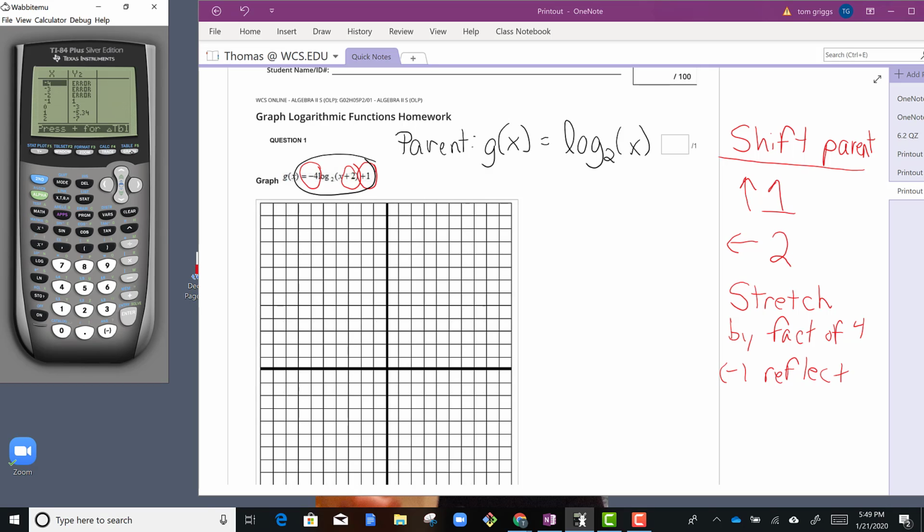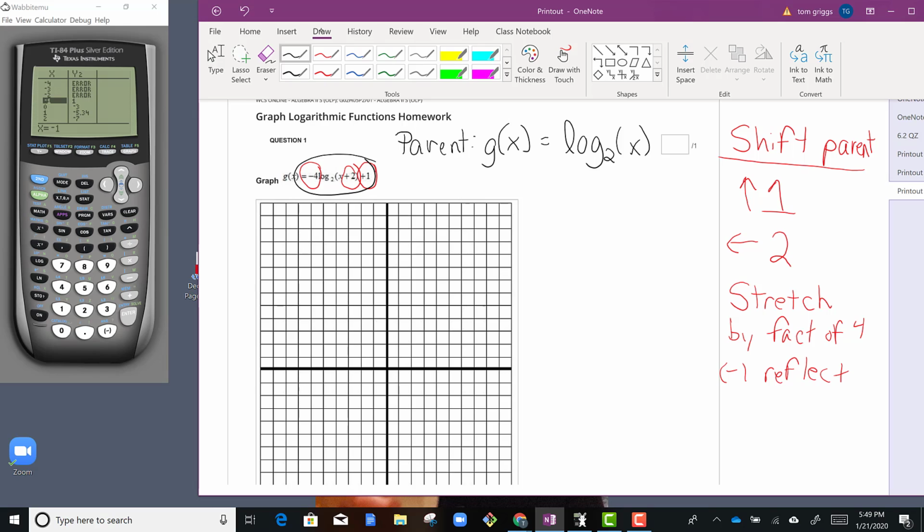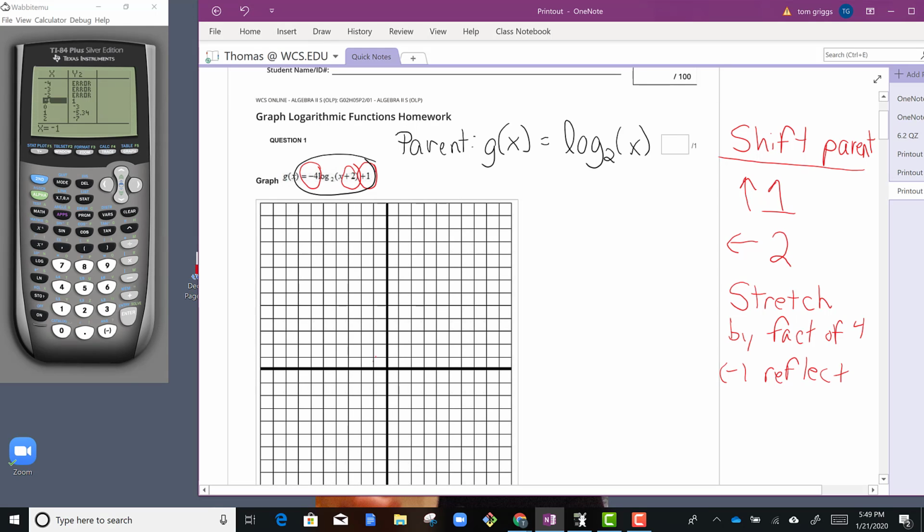Let's go to the table and graph as many points as we can. So it's -1, 1; 0, -3; 1, -5.34; 2, -7.